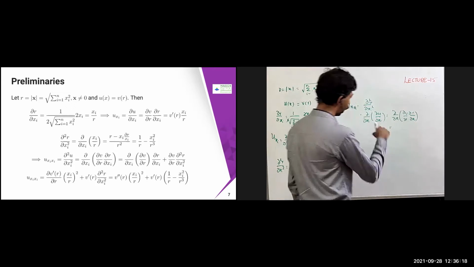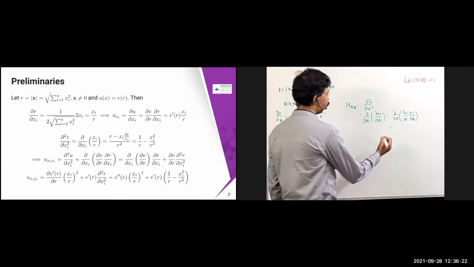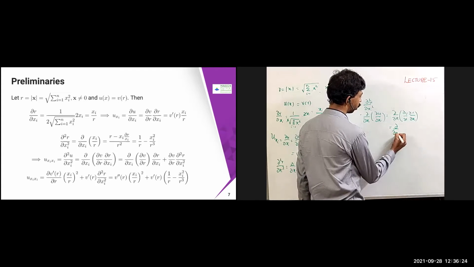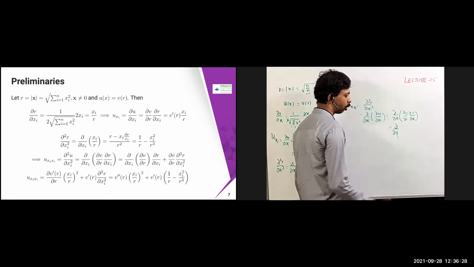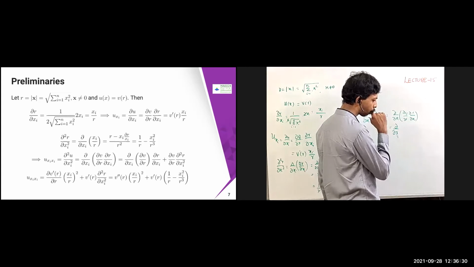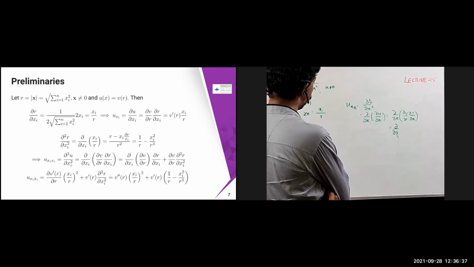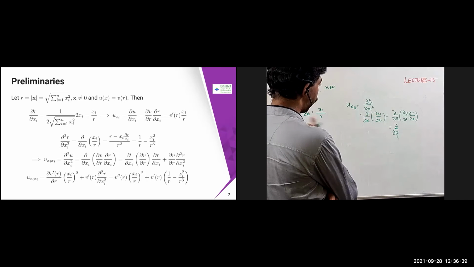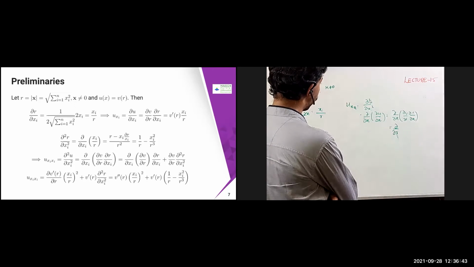Then again I will use the ∂/∂ξ_i definition. So it is ∂/∂ξ_i of ∂v/∂r into ∂r/∂ξ_i. I have to change the variable, so it becomes ∂v/∂ξ_i of ∂/∂r.